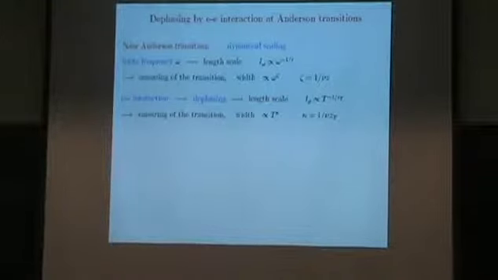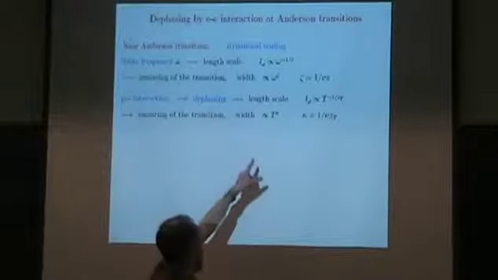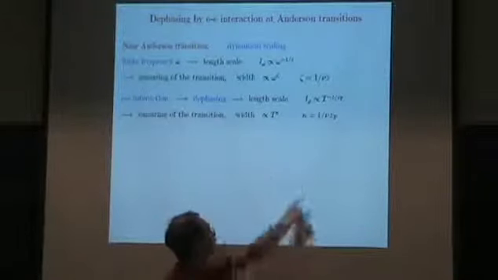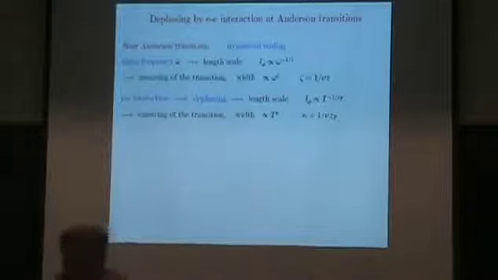So at finite temperature, there will not be a sharp transition, it will be smeared, and the way it is smeared is determined by the dephasing length. Basically, this smearing is temperature to the power kappa, and this kappa is determined by this dephasing length.